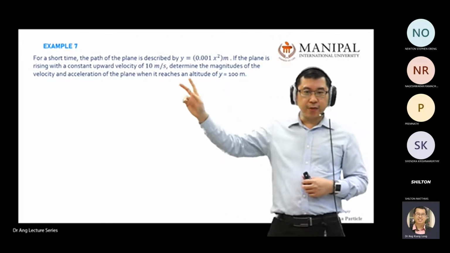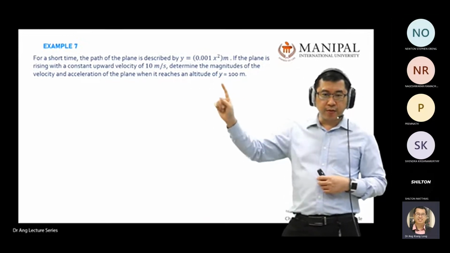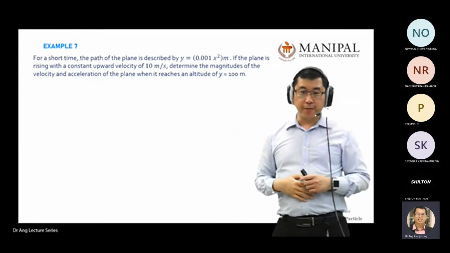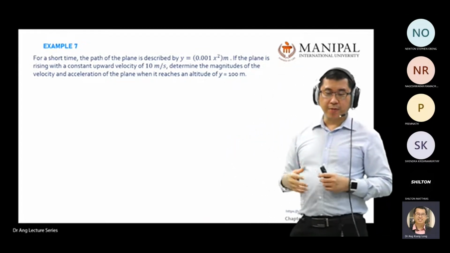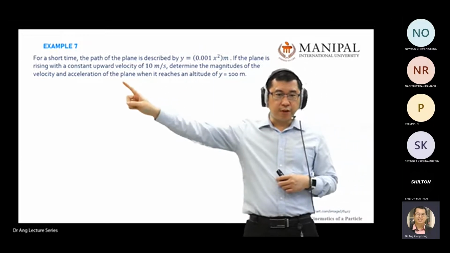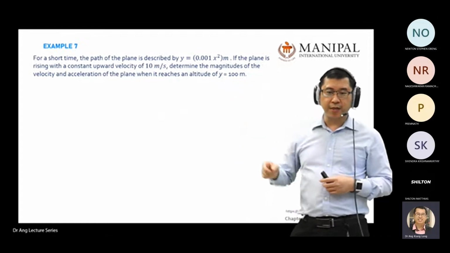But anyway, you continue to read onwards. This you can see as a two-dimensional problem, and it asks you to determine the magnitude of velocity and acceleration when it reaches the altitude of y equal to 100 meter.